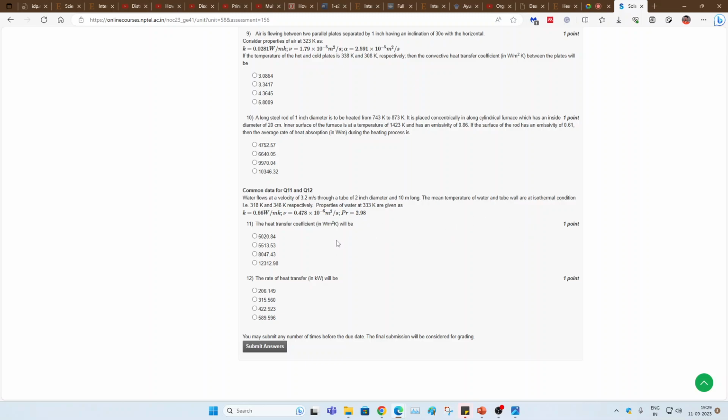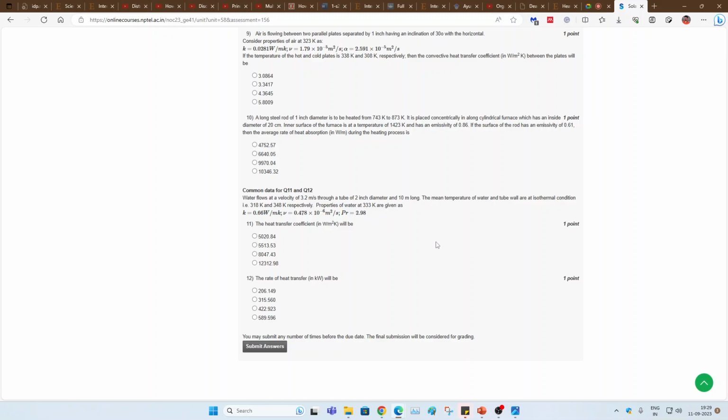Now you have the Dittus-Boelter equation, which says Nusselt number equals 0.023 into Reynolds number power 0.8 into Prandtl number power 0.4. Put in the values: the Reynolds number you have calculated, and the Prandtl number you have got from here.